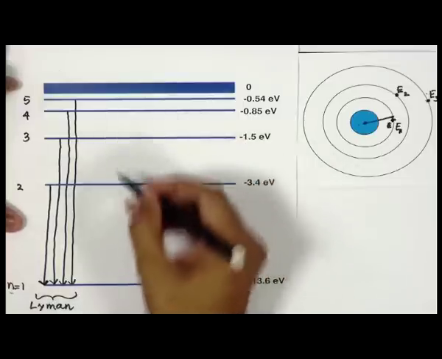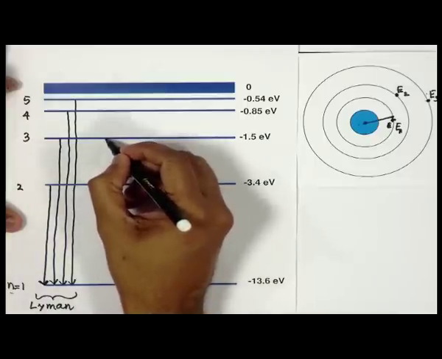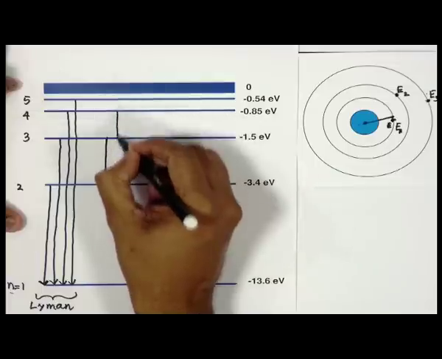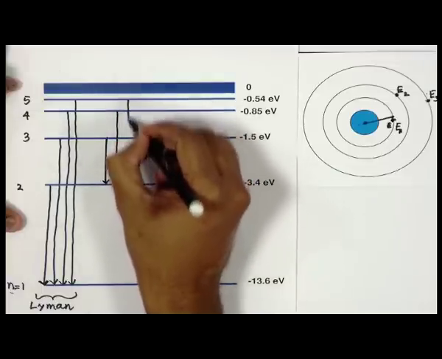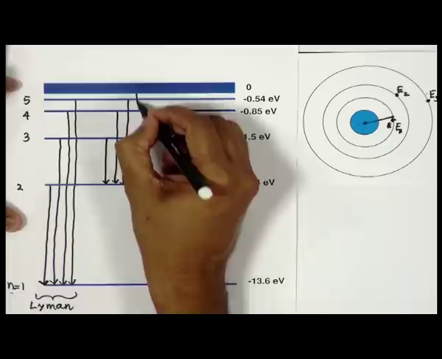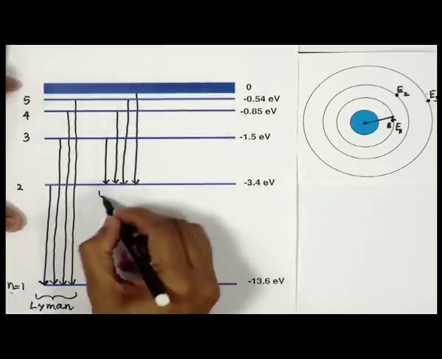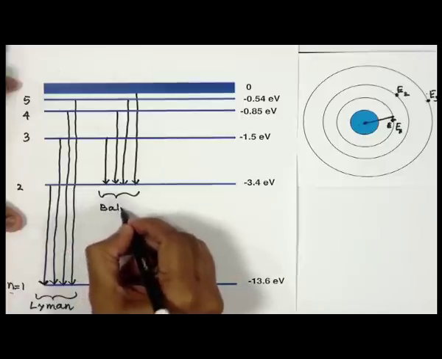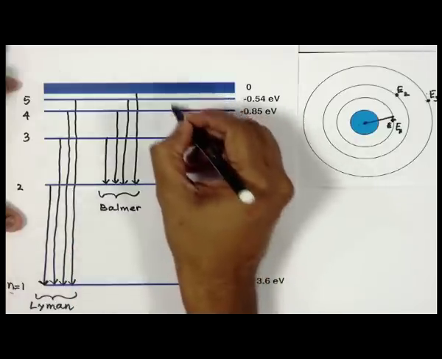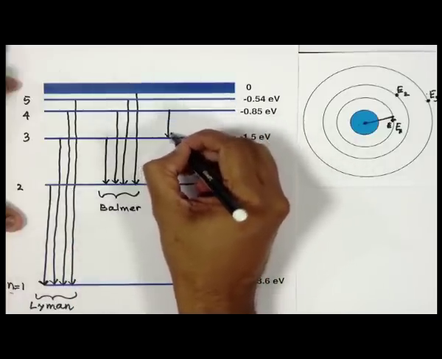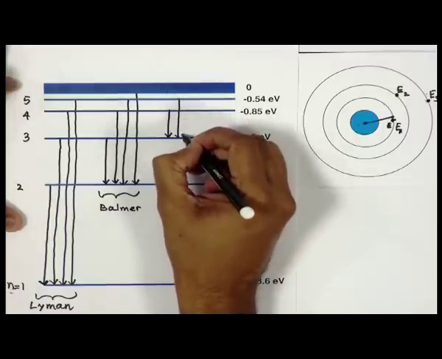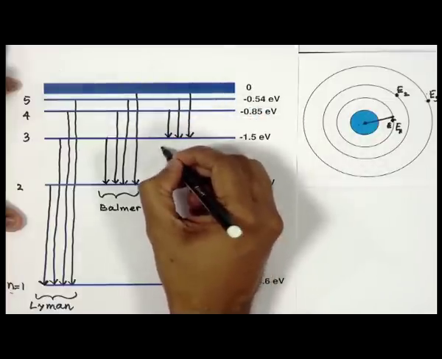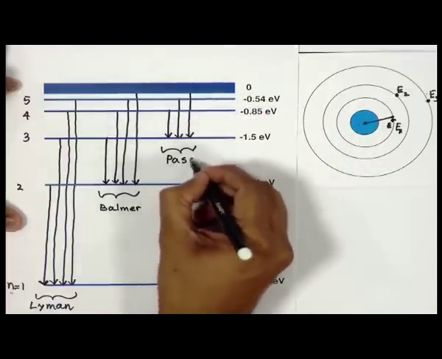In a similar way, if the electron was in the third state and it comes back to the second state, or from 4 to the second state, or fifth state to second state, or sixth state to second state, these lines all represent the Balmer series. And similarly, if the emission is from 4 to 3 or 5 to 3 or 6 to 3 and so forth, we call them the Paschen series.